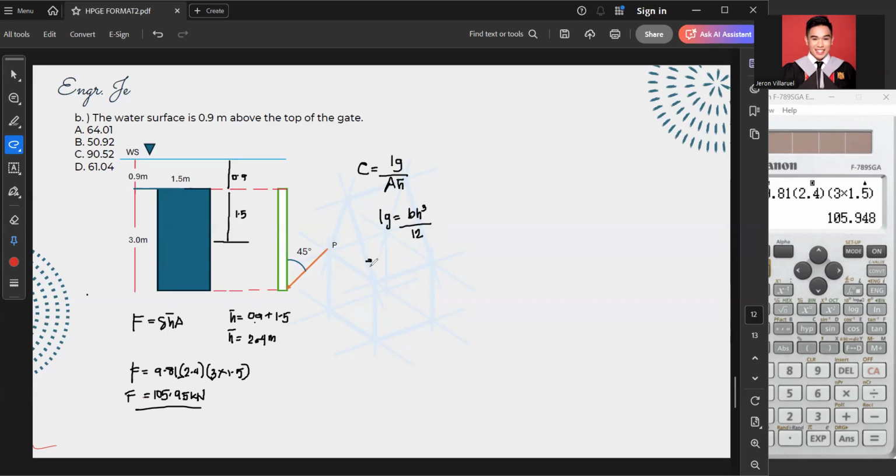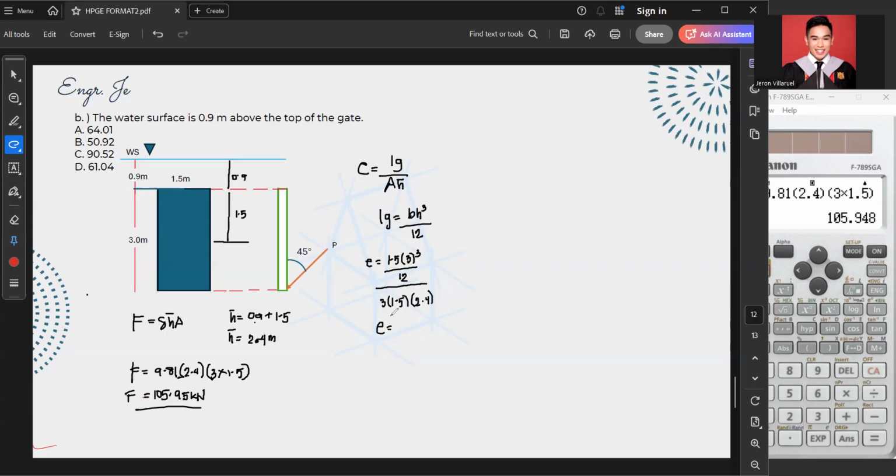So our eccentricity here is the base is 1.5 and the height is 3 meters cubed over 12 over the area submerged, which is 3 times 1.5 times our bar H, which is 2.4 meters.